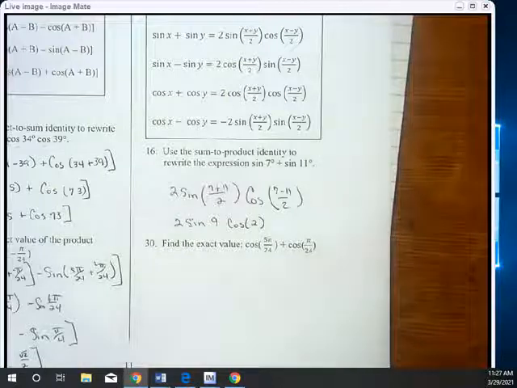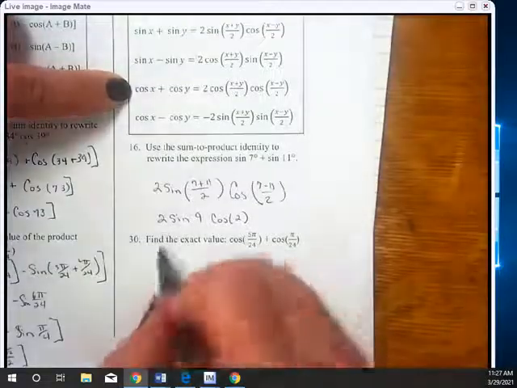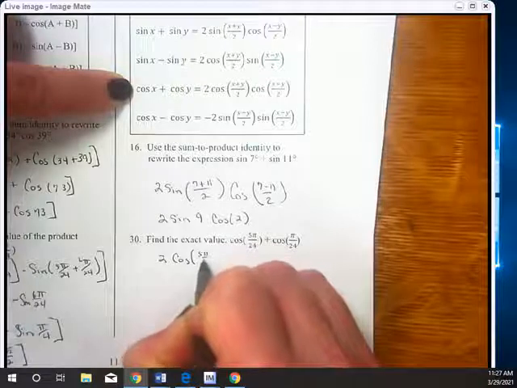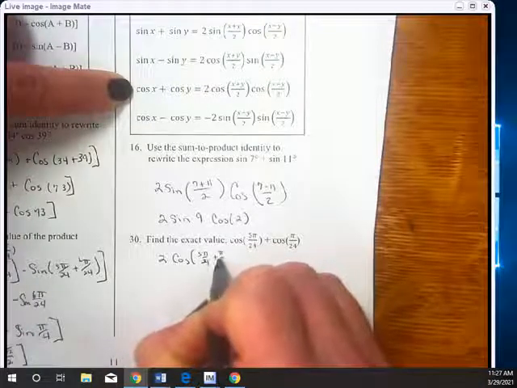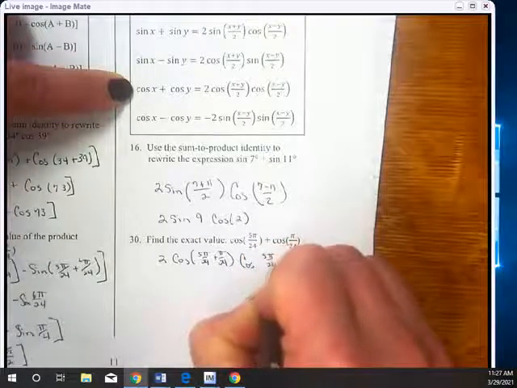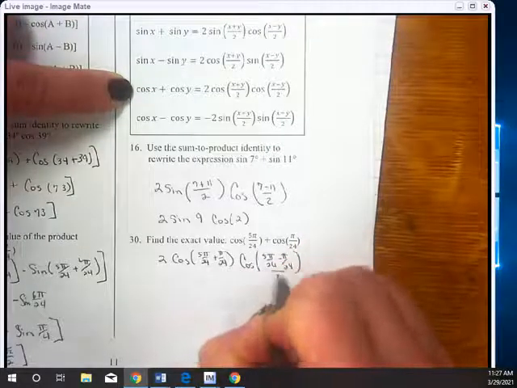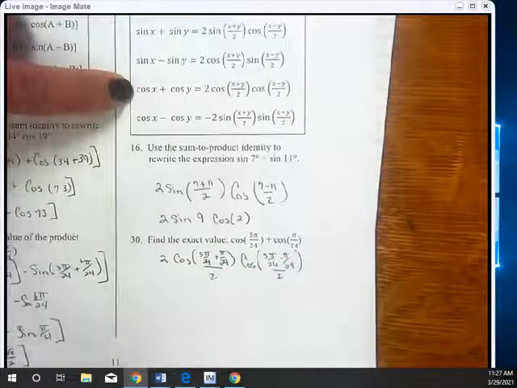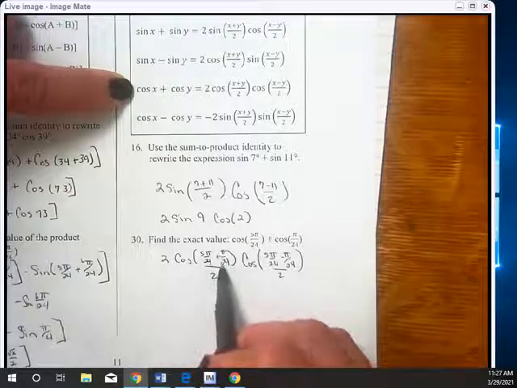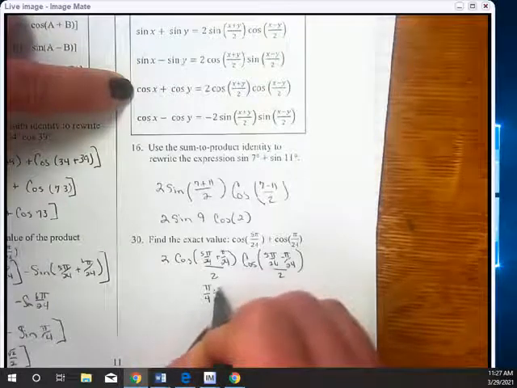Find the exact value. This one is a cosine plus a cosine. So it's our third value, 2 cosine of 5 pi over 24 plus pi over 24, cosine of 5 pi over 24 minus pi over 24, and those are all divided by 2's. 5 plus 1 is 6. 6 24ths reduces to pi over 4 divided by 2.